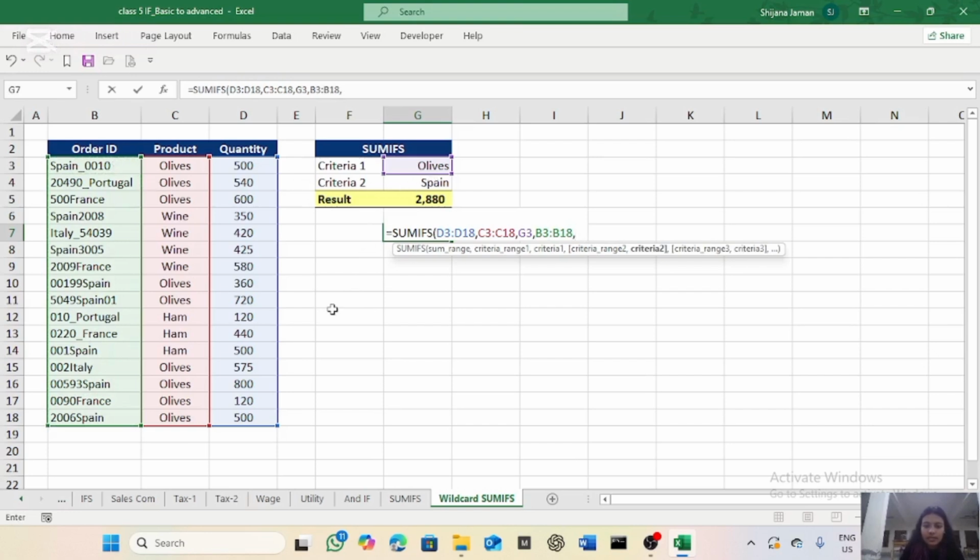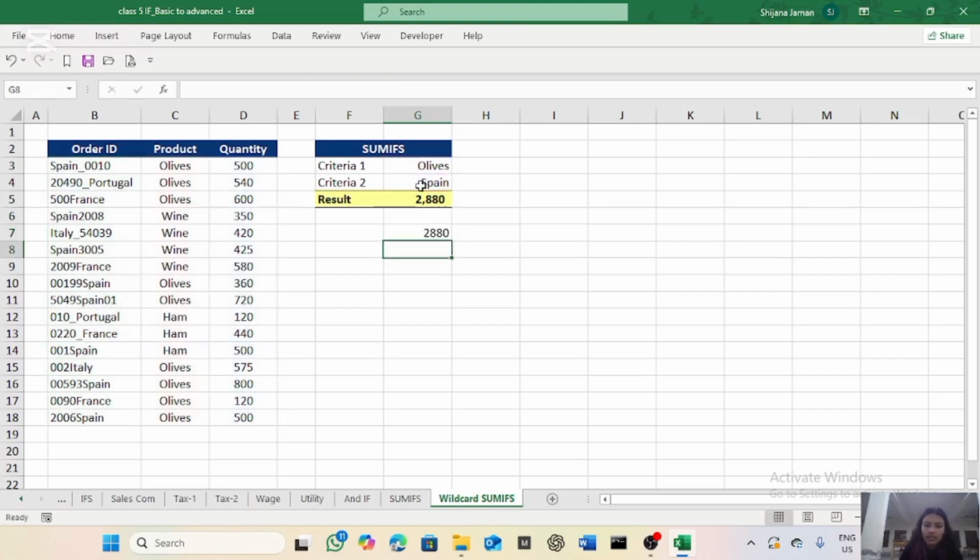Before putting criteria 2 we have to add some wildcard samples, then criteria 2 and close with these samples, bracket close, enter. Yes, this is our wildcard sums.